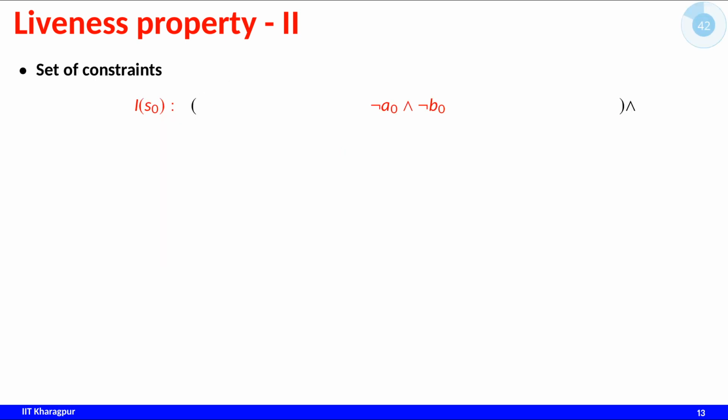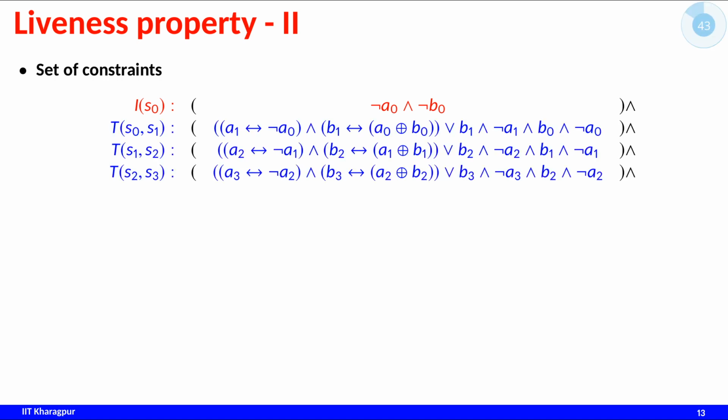So the set of constraints that we will be writing now: the initial state, which will be given as A0 B0, which is 0 0. The transition relation we unfold twice, and in order to check for the loop we unfold it once more.